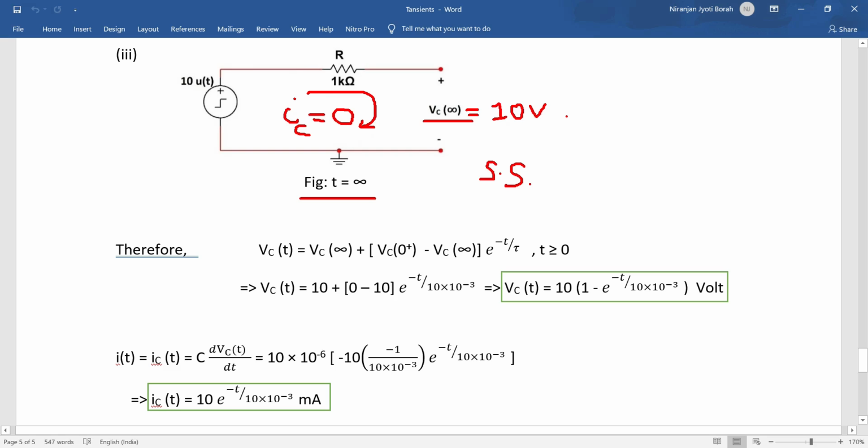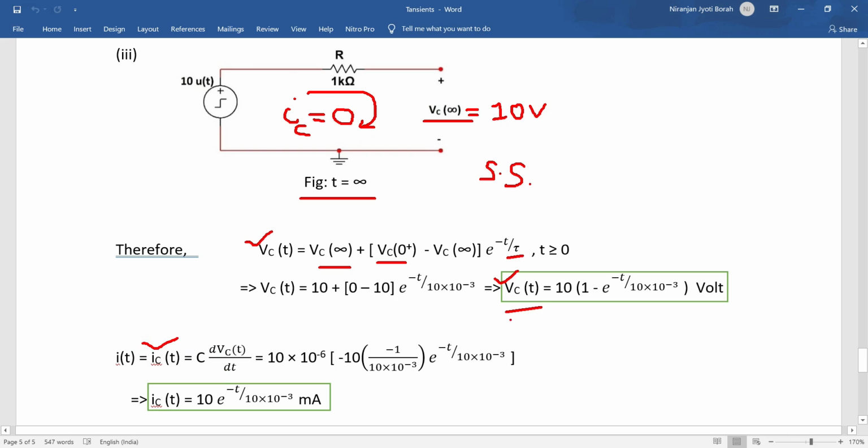Now, by using the formula for complete response and substituting the values for initial value, final value and time constant, we will get this expression for the voltage across the capacitor. Once the capacitor voltage is obtained, the capacitor current can be easily obtained by using the expression IC equals C into dV/dt.